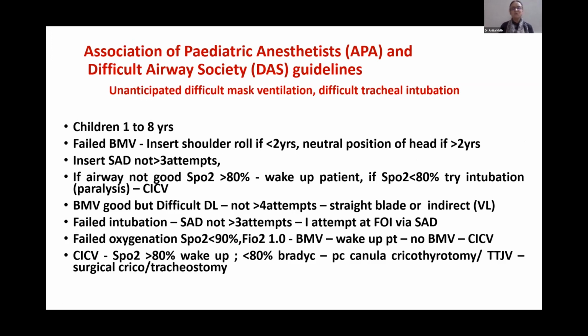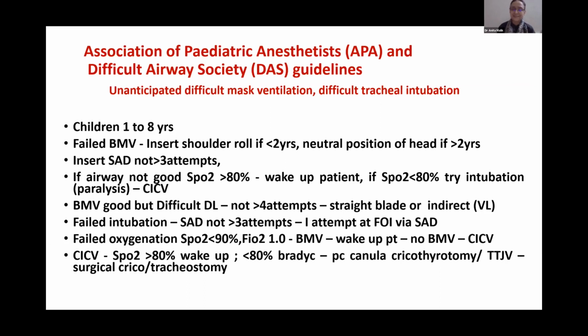Okay, right. So DAS and APA guidelines are for unanticipated difficult mask ventilation and difficult tracheal intubation. Now, children up to 1 to 8 years, failed bag mask ventilation, then insert shoulder roll or change the position. Not more than 3 attempts for supraglottic airway device are to be taken. And if the airway is not good, saturation is more than 80%, wake up the patient.